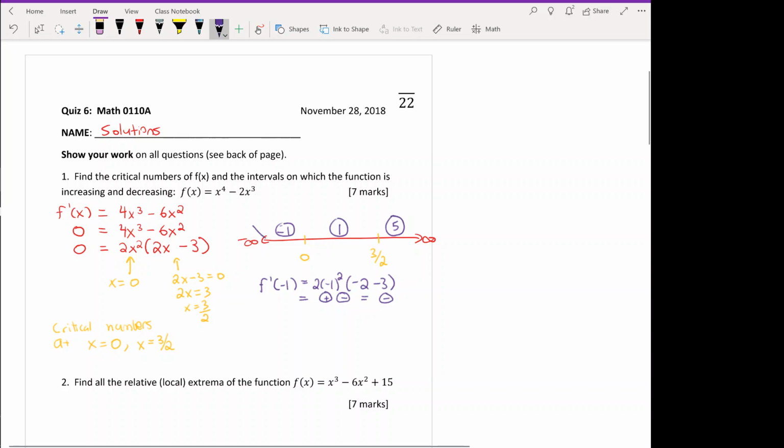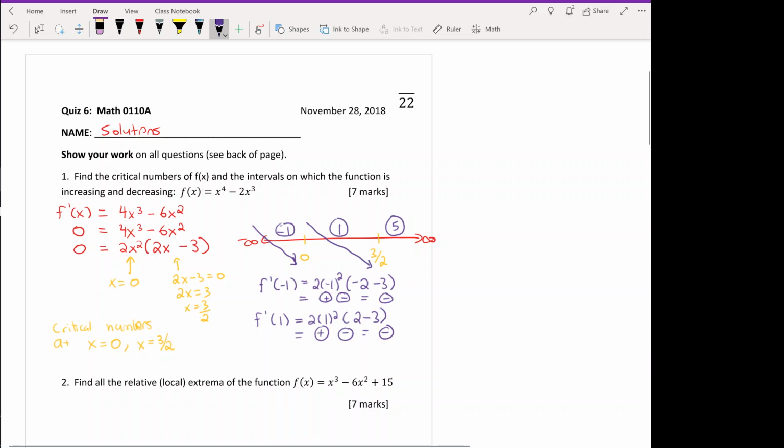And that means the function is decreasing in the first region. Now we check the second number. Second test value f prime of 1, that's going to be 2 times 1 squared times 2 minus 3. And that's going to be positive times negative, which is also negative. So in the second region, the function is also decreasing.